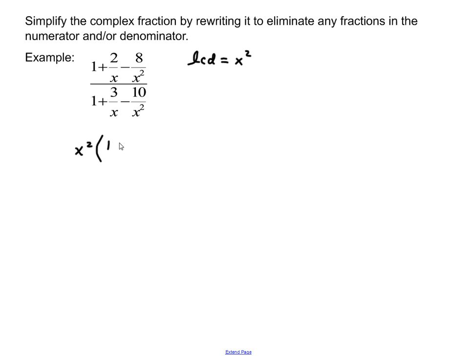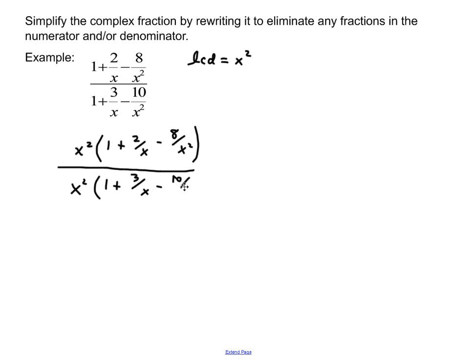I take 1 plus 2 over x minus 8 over x squared, and I divide that by 1 plus 3 over x minus 10 over x squared, multiplying each by x squared. Notice that it's like multiplying by 1, right? Any number over itself is equal to 1.